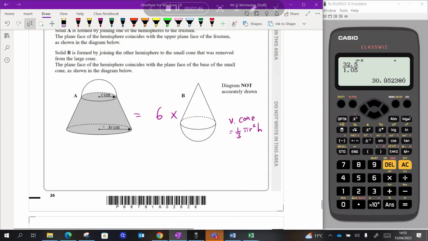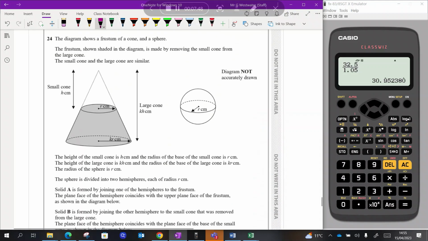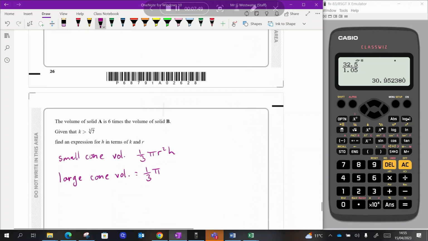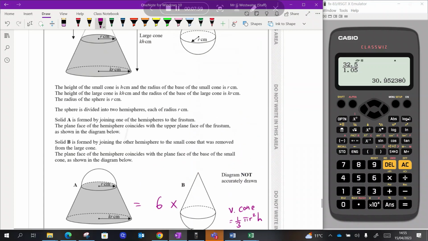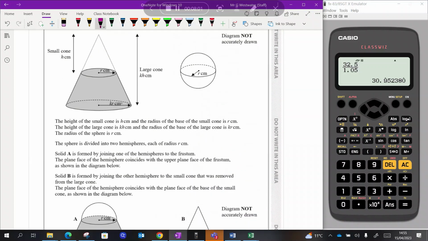Now this radius is kr, so kr squared times h, and this times its h is kh. So 1/3 pi, kr squared, times kh.